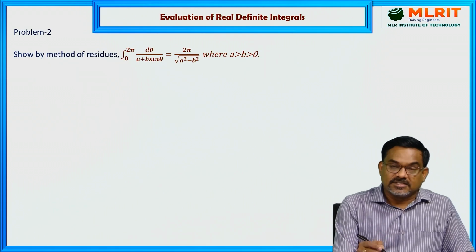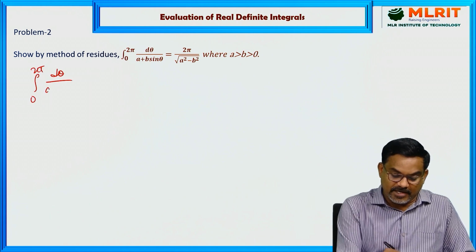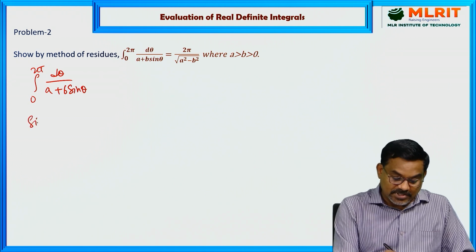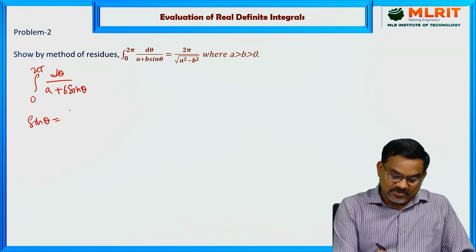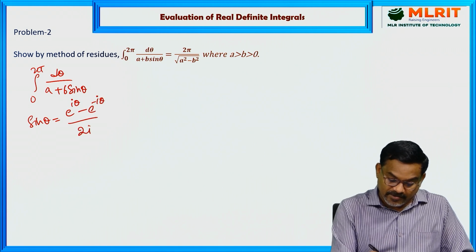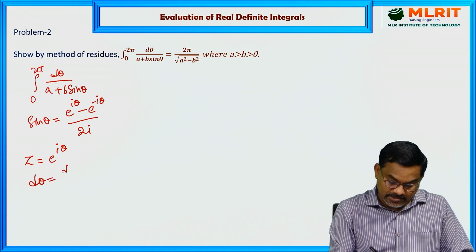Similarly, to prove this, integral 0 to 2 pi d theta by a plus b sin theta, let us use sin theta equal to e power i theta minus e power minus i theta by 2i, and z is e power i theta. So d theta is dz by iz.